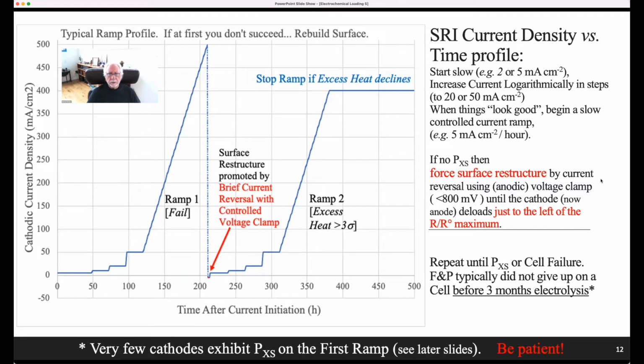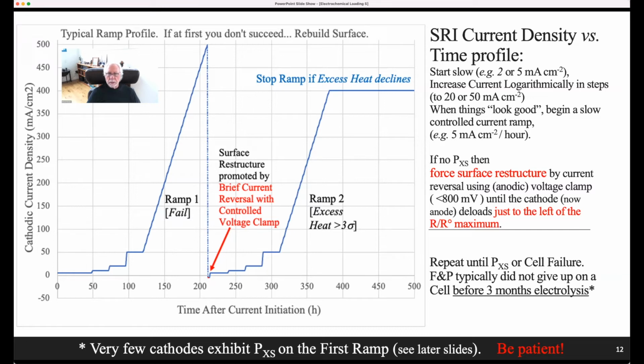So we make the cathode an anode, we strip off the surface that is presently there and presently not doing what we need it to do, dissolve it back into the electrolyte, and hope when it's redeposited, it redeposits in a more advantageous way. Put a voltage clamp on, 800 millivolts typically, because you don't want to make palladium oxide.